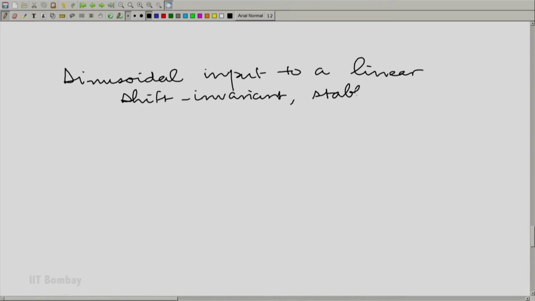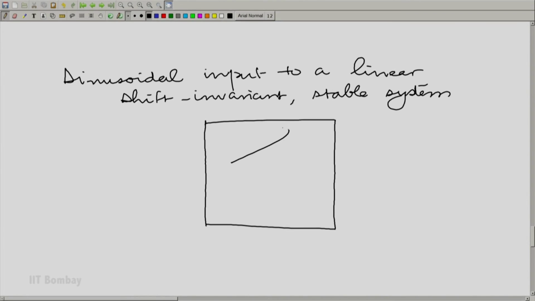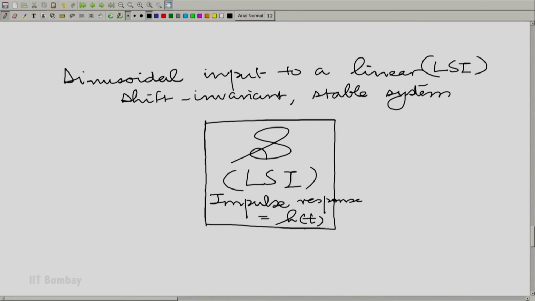So, let us assume we have a stable linear shift invariant system, and let us see what happens when I put a sinusoid into it. So, here we go. Sinusoidal input to a linear shift invariant stable system. Let us assume that I have this linear shift invariant stable system S here, and let its impulse response be h(t).